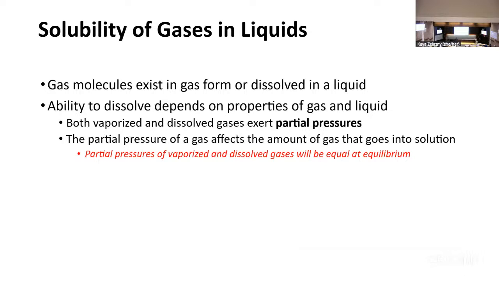But it's also going to depend on how soluble that gas is in liquid. So if you have a really high pressure of oxygen in the air right next to the blood, that can make a lot of oxygen go into the blood. But if you pick a gas that's really soluble in liquid, that moves easily into liquid, you don't need that much gas in the air to end up with sufficient gas in the liquid.